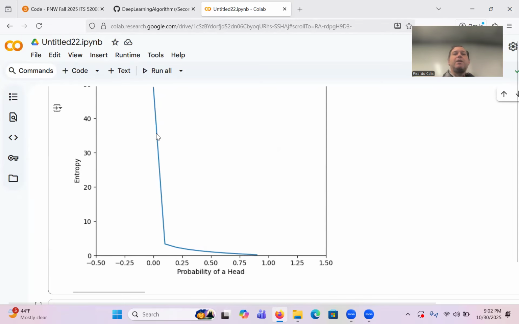So if I'm here, it's going to tell me that I should go to the right. Do you see that? I'm here. Imagine I'm a little person, and I'm going to take a step. So should I take a step to the left, or should I take a step to the right? Which way takes me to the bottom, the lower entropy?